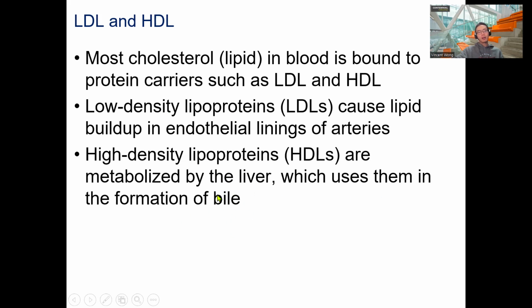We'll learn more about bile later, but bile is that bitter stuff your liver makes that helps you digest fat. If you ever get severe food poisoning and you vomit a lot, after your stomach is empty and you still vomit, sometimes it tastes bitter. That's the bile you're vomiting.